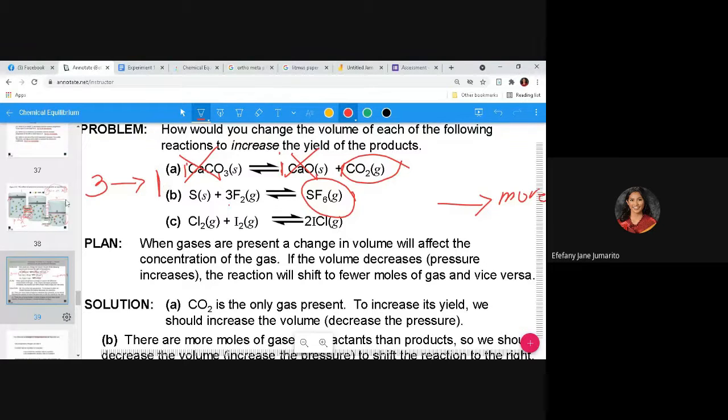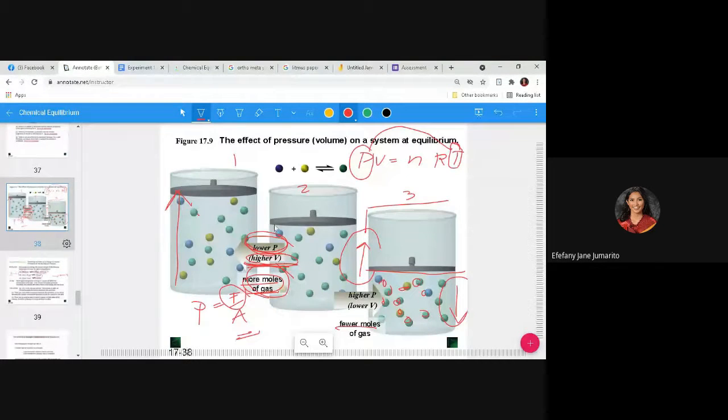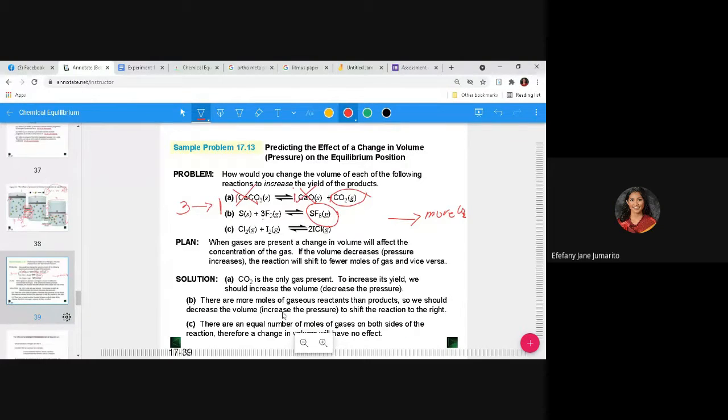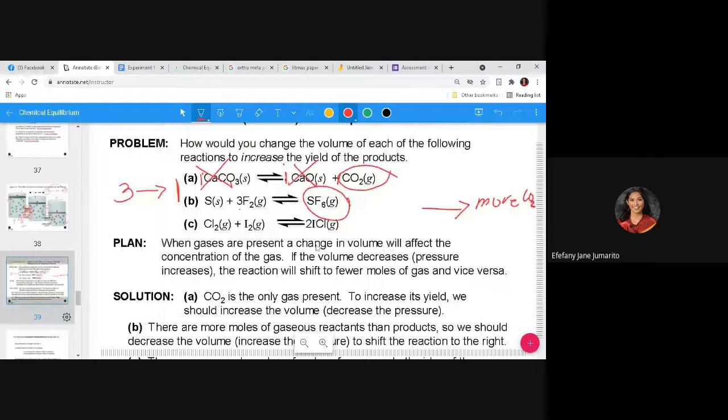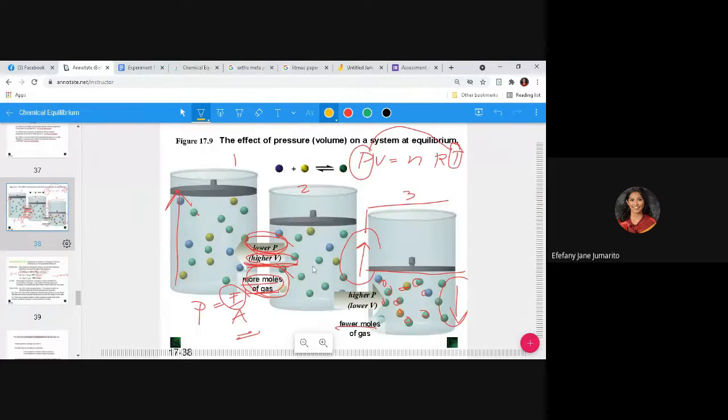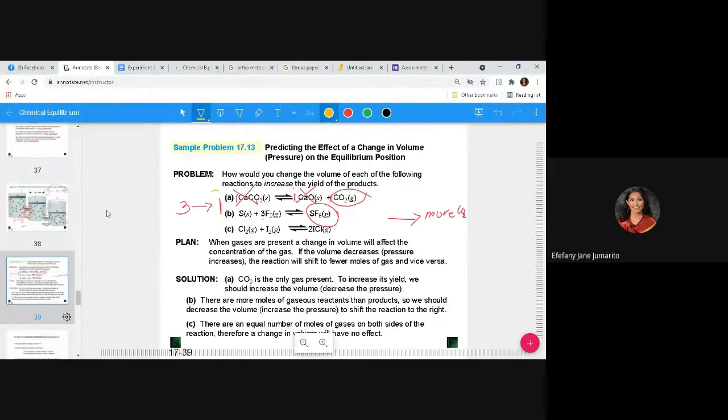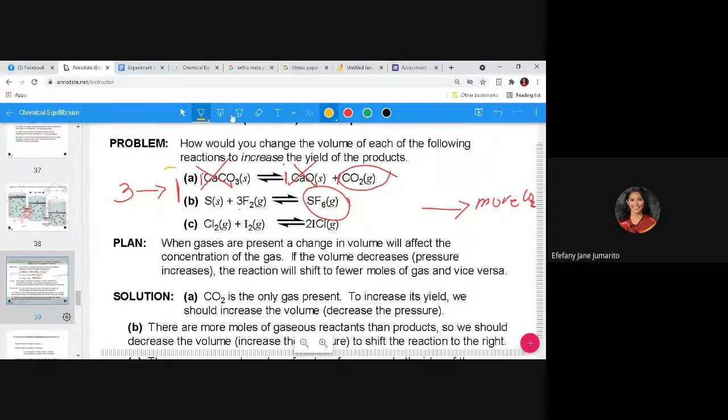Let's go back here. Now, if higher ang V, what will happen if ipadako nato ang atong volume class, asa man mo proceed ang reaction? To the left or the right? To the left, ma'am. Okay, moadto siya sa left, daghan og moles, 3 moles.